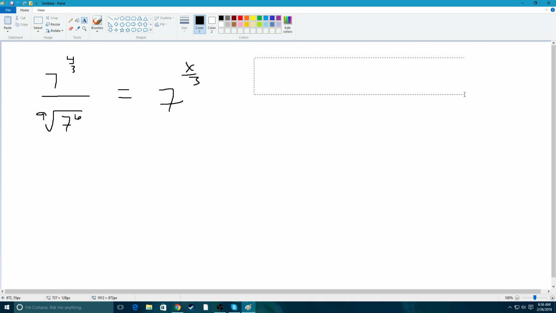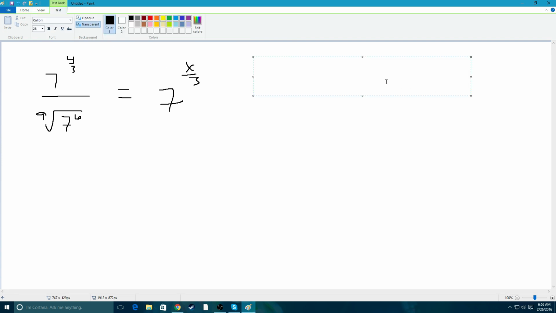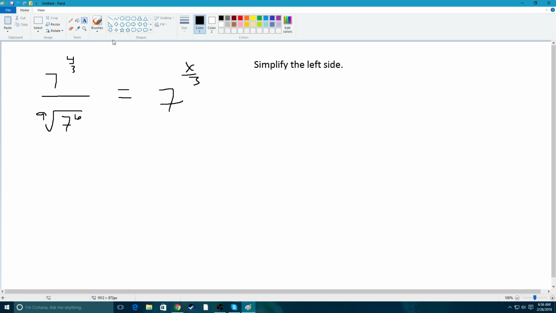First step we're going to do here is simplify the left side. On the left side on top, we've got 7 to the 4/3.